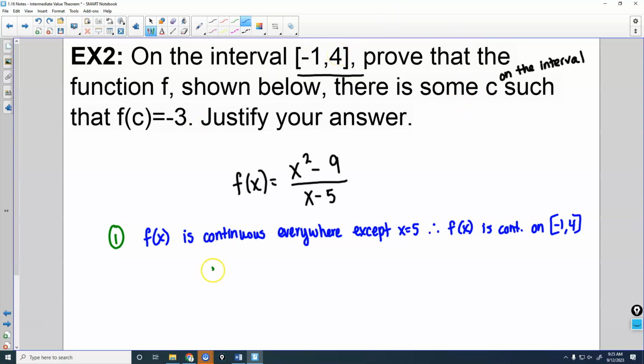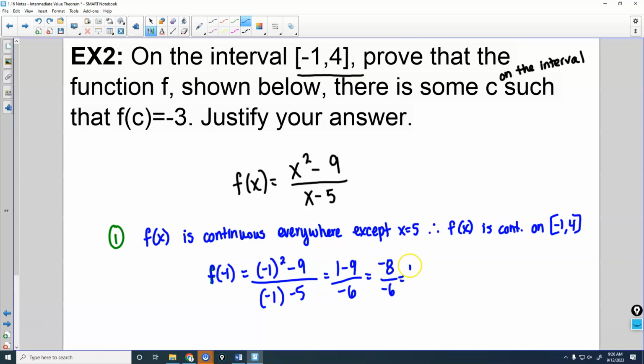So we're going to do f of -1. Oh, let's see. f of -1 is going to be (-1) squared minus 9 over -1 minus 5. So 1 minus 9 over -6 is going to be -8 over -6. So 4/3.